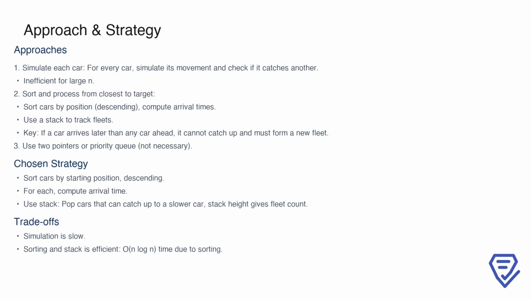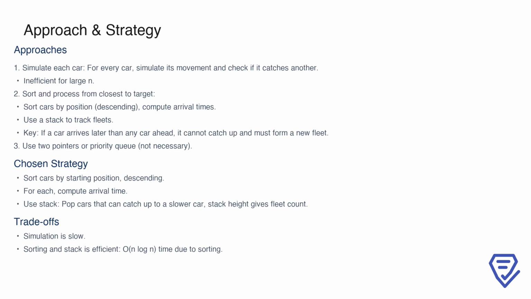Let's discuss possible approaches for LeetCode problem number 853, Car Fleet. The most naive strategy is to simulate each car's trajectory, checking dynamically for catches and merges. However, this quickly becomes inefficient with large datasets. A more refined method is to sort cars by their starting positions, proceeding from those closest to the target.